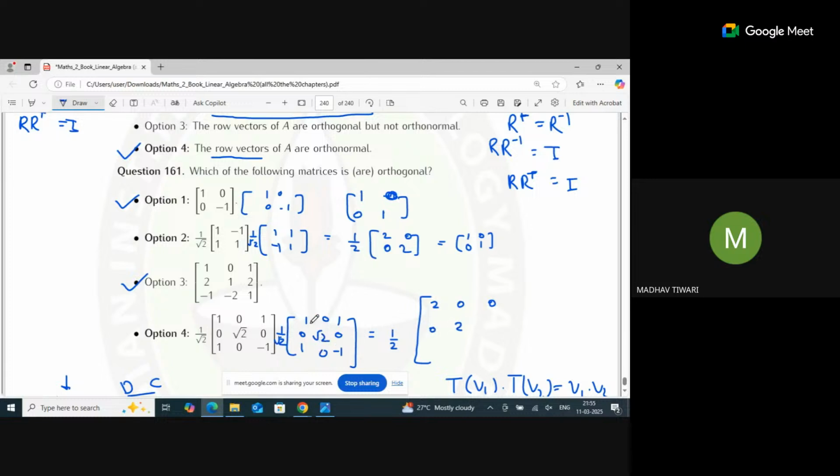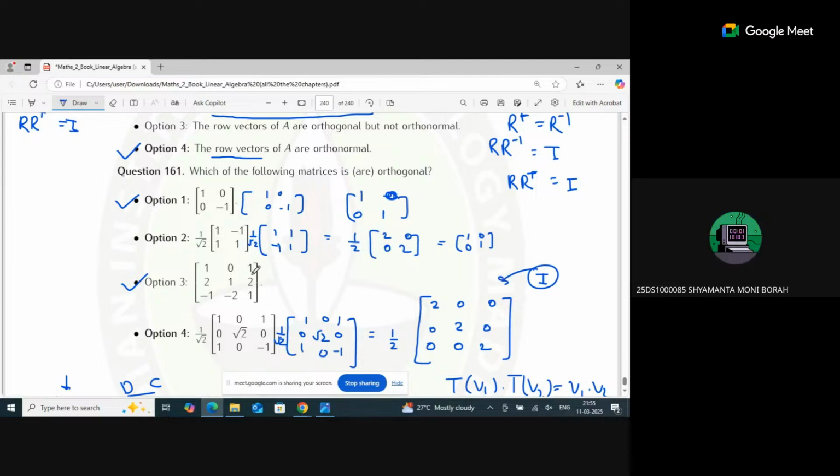Then 0, 0, and 1 times 1 plus 0 plus minus 1 times minus 1 is 2. So it is the identity matrix.